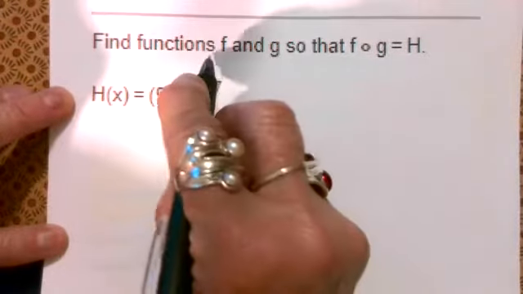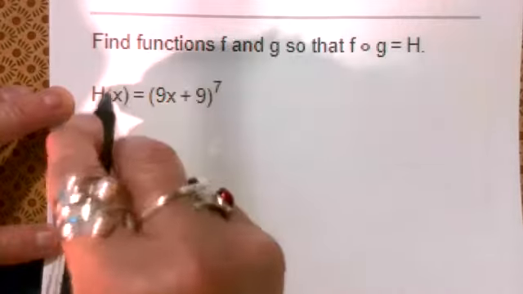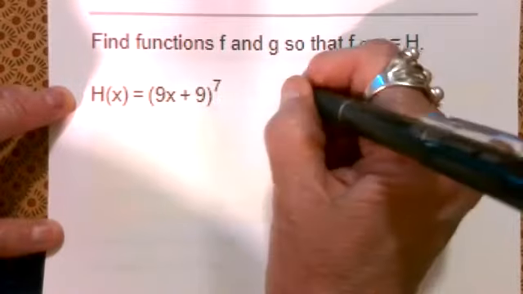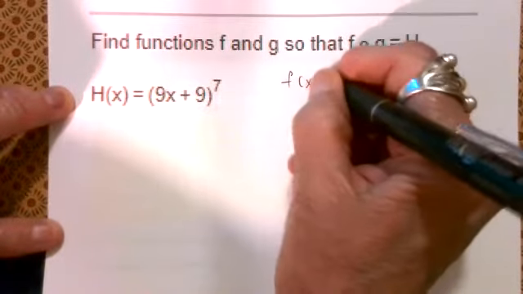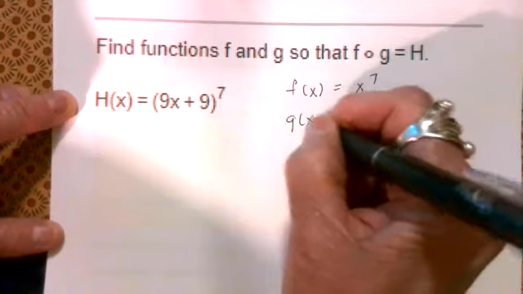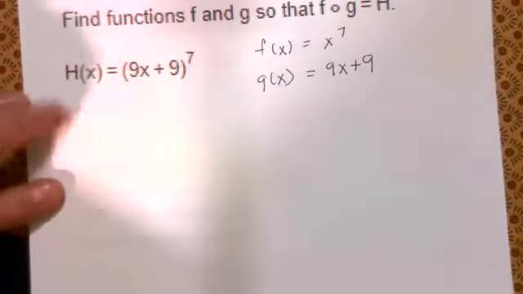But find 2 functions, f and g, so that f of g equals h, where h of x is this 9x plus 9 to the 7th. So I think the most obvious answer would be that f of x equals x to the 7th, and g of x equals 9x plus 9. Now, that's not the only answer. These problems usually have more than one correct answer.